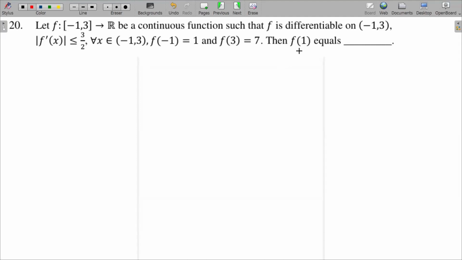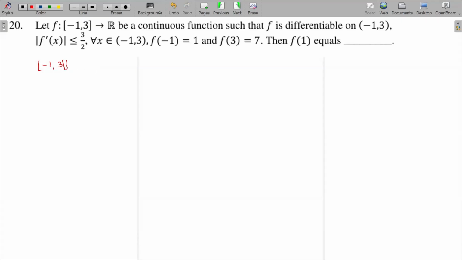Okay, but how do we get f of 1? Where will you apply LMVT? Minus 1 to 3. Okay, so if I apply over minus 1 to 3, what do I get?